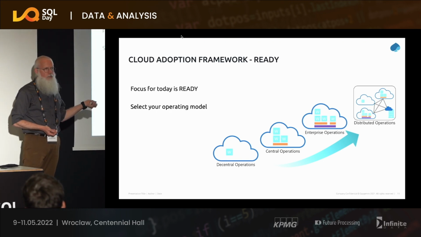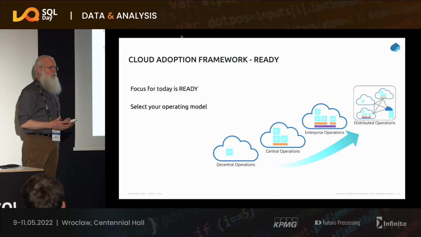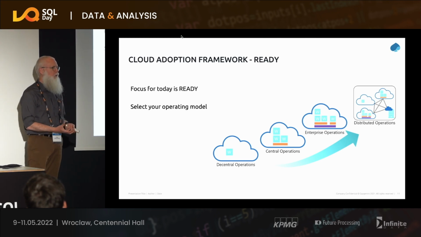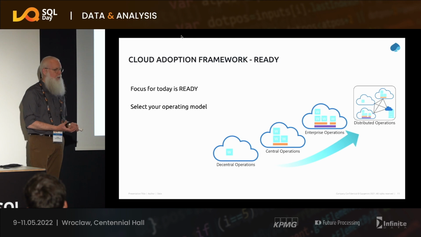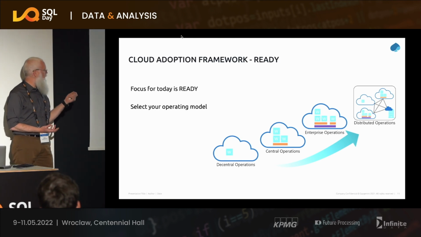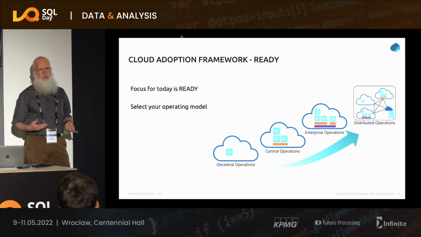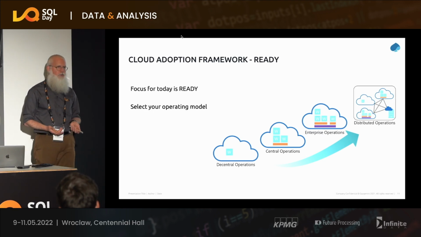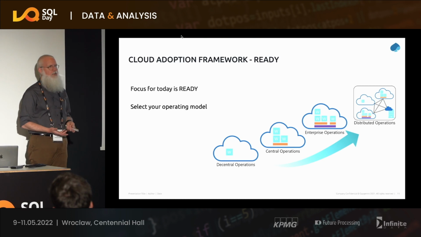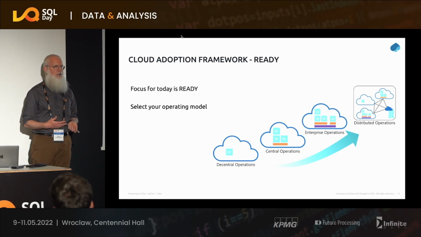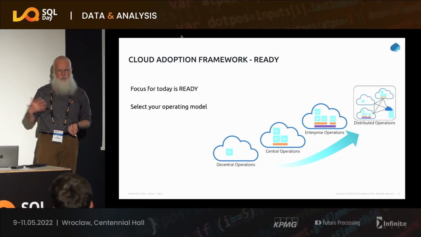But you can go and select different operating models defined on your organization's needs, whether that be decentralized operations, central, enterprise, or distributed. And you will find recommendations on all of these, even though most of the patterns and blueprints are enterprise scale.